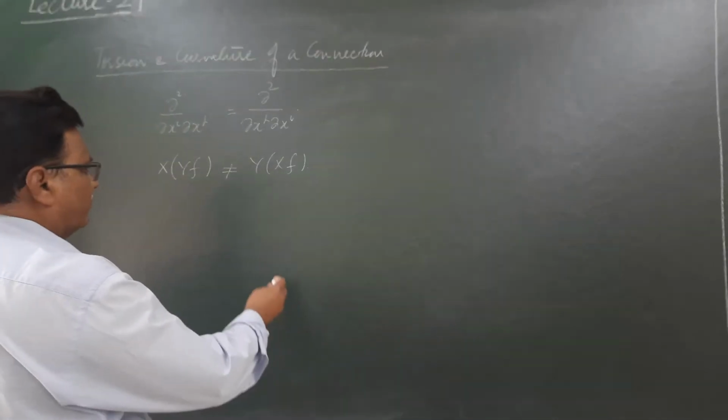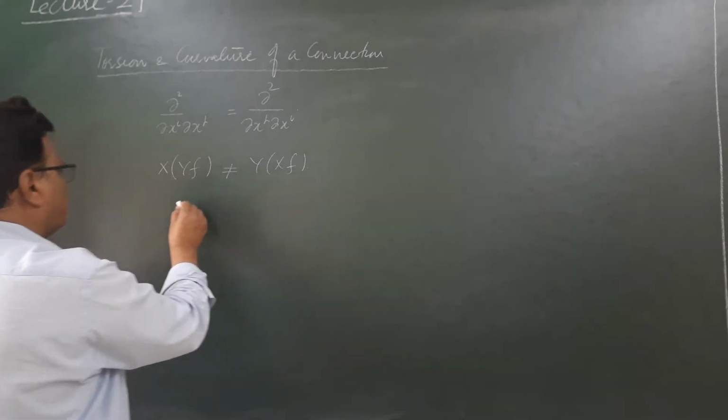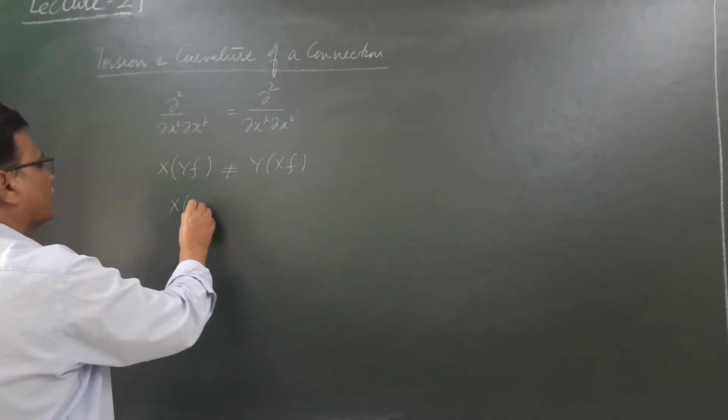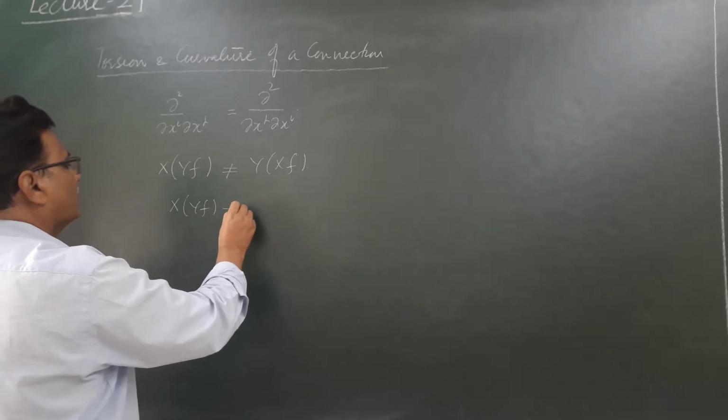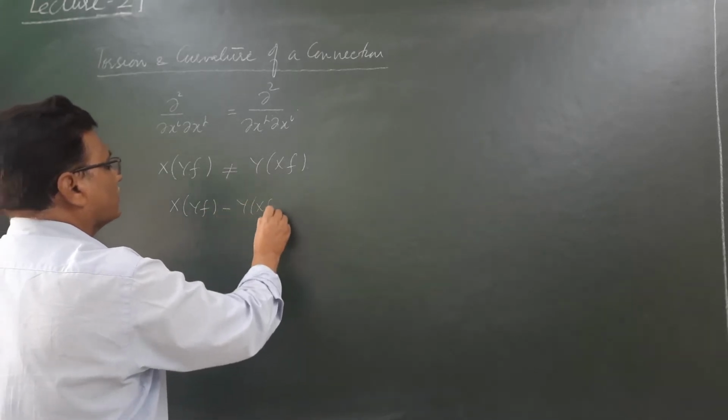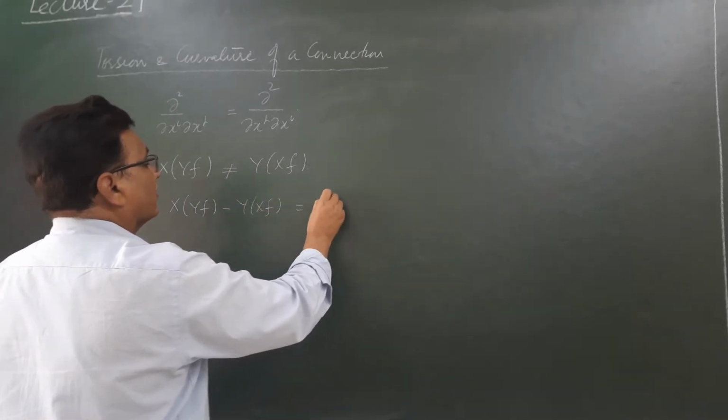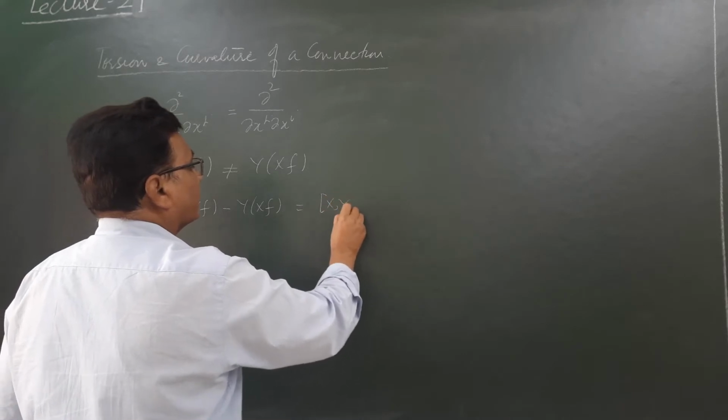In fact, the difference between the two, that is xyf minus yxf, is in fact the Lie bracket [x,y]f.